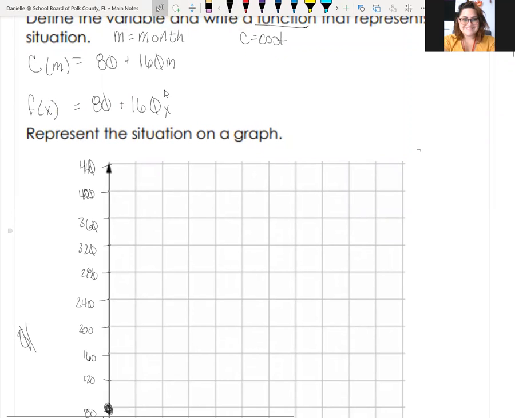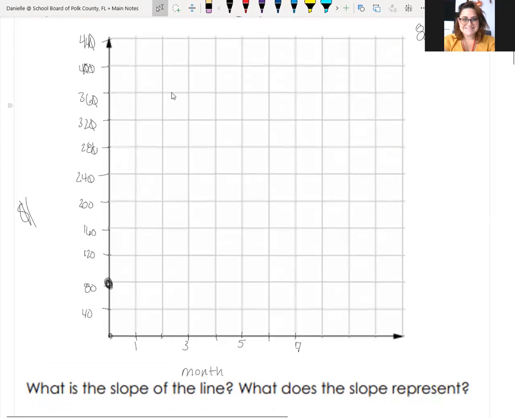So I'm going to rewrite the equation over here. This is 80 plus 160x. Well, we said if we plug in 0, we would have 80 plus 160 times 0. So that goes away and we're left with 80. If we did 80 plus 160 times 1, we end up with 160 plus 80, and that's going to give us 240.